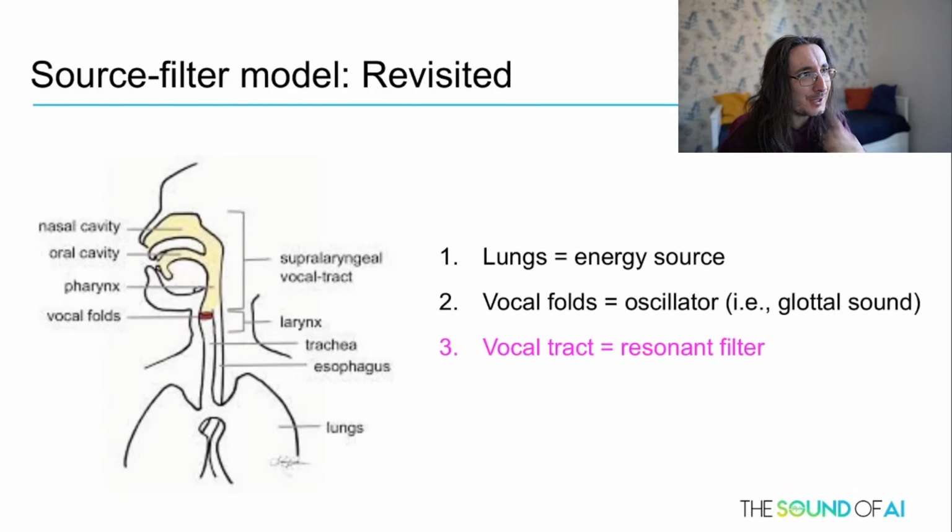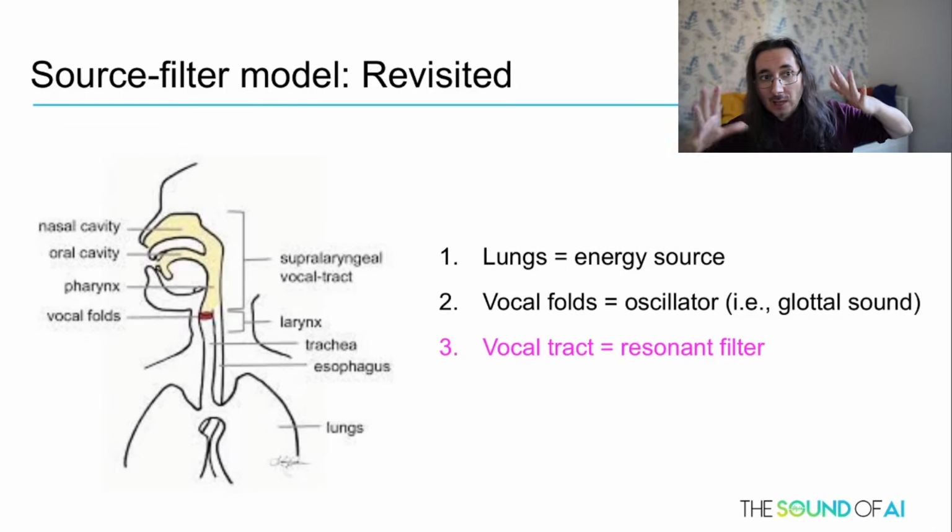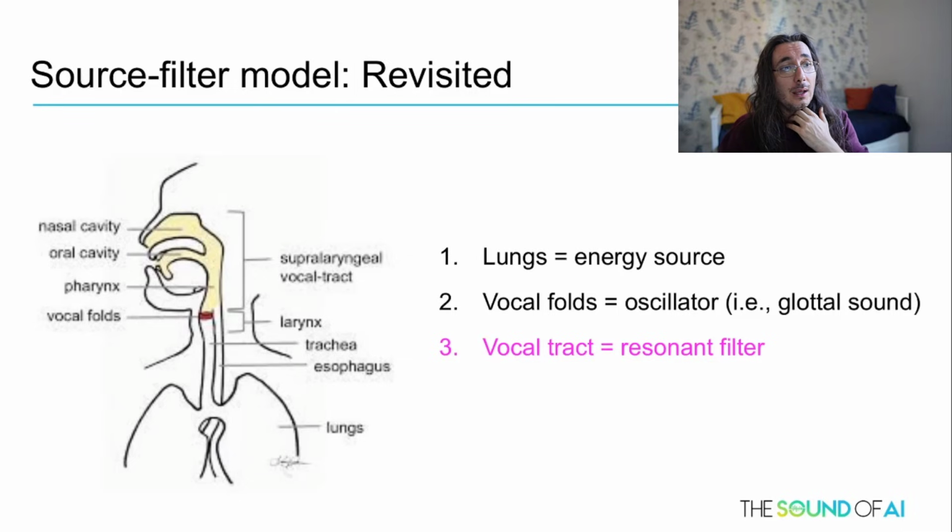Okay, so let's go back to the source filter model. Lungs generate the energy, the vocal folds generate the oscillation and the glottal sound. Now we need the filter, the vocal tract: the oral cavity, the nasal cavity, the pharynx. Basically everything above the vocal folds is a resonant filter that's going to filter out certain frequencies and bump other frequencies.